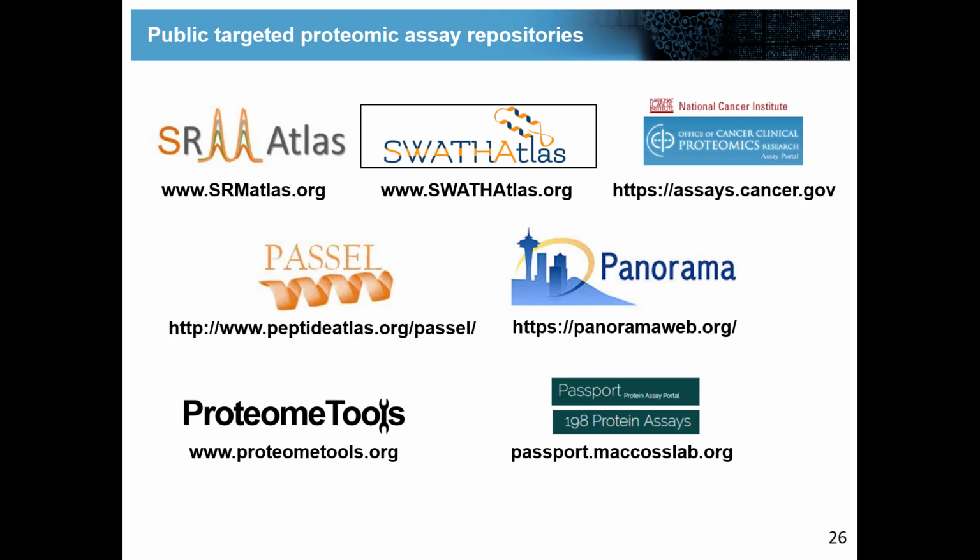Then we have AssayPortal from the NCI, this repository which Sue showed already. Panorama from the Skyline team. ProteomeTools is a database from Munich. CPTAC has this portal website. So there are a lot of repositories out there, and I can highly recommend that you check those repositories before you start generating your own assays, because it can save you a lot of time.